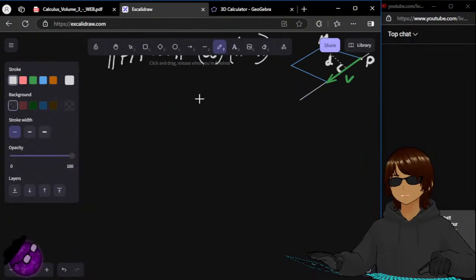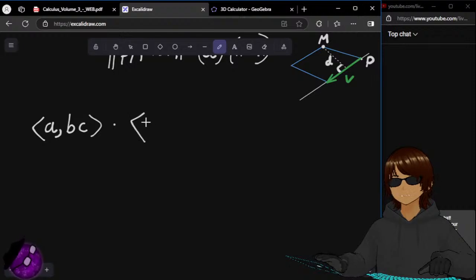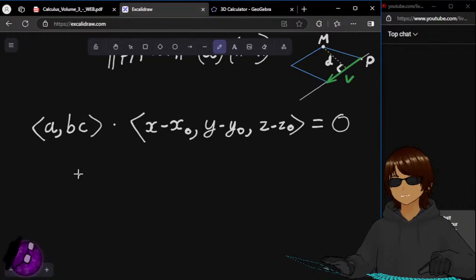So let's say N is defined by a, b, c dot Q minus P. So let's say Q is x, y, z and P is x0, y0, z0. So the dot product should be 0. So I can define it like this.